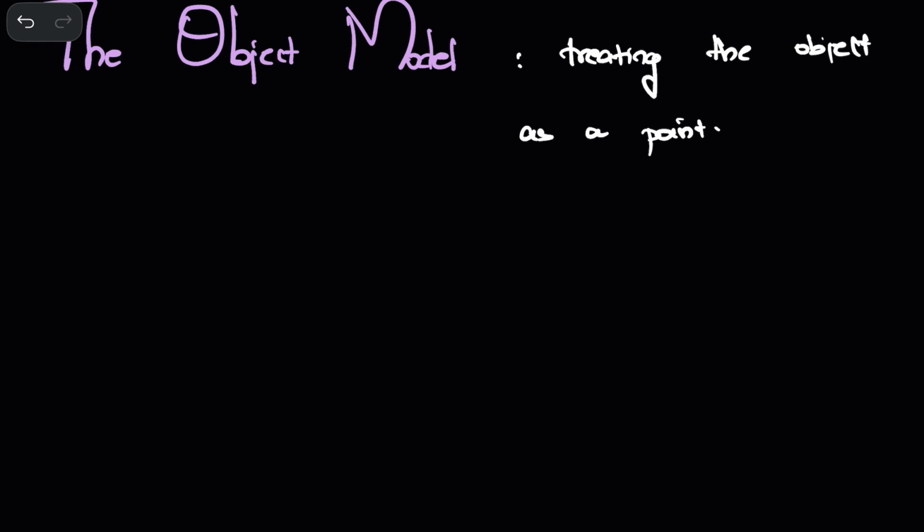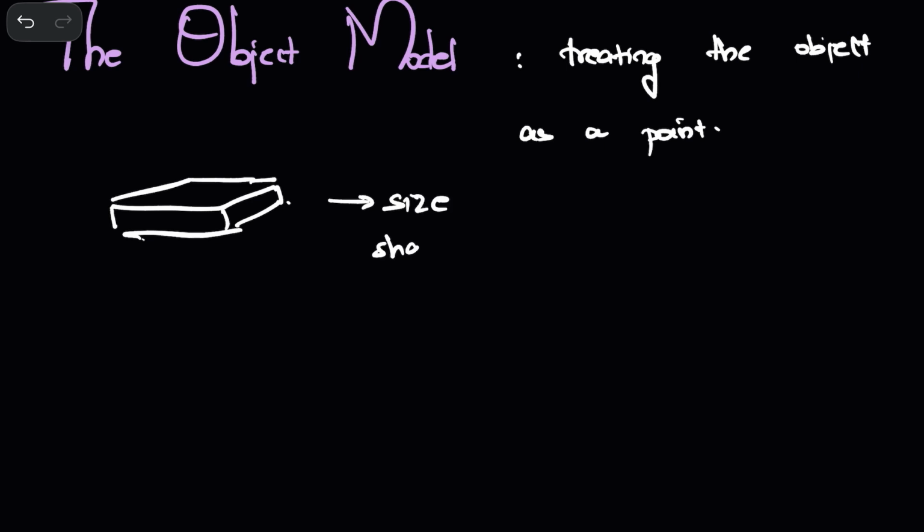Let's say I am taking an example of a textbook as an object. So this textbook, let's draw a textbook. This is my object, and it would have things like size, shape, color, texture, rotation.